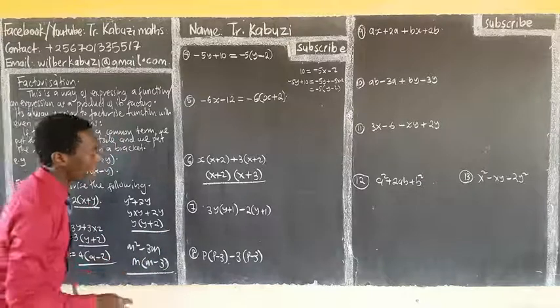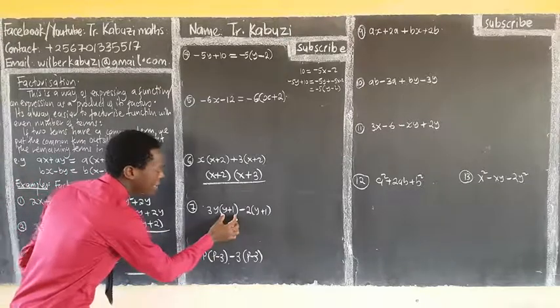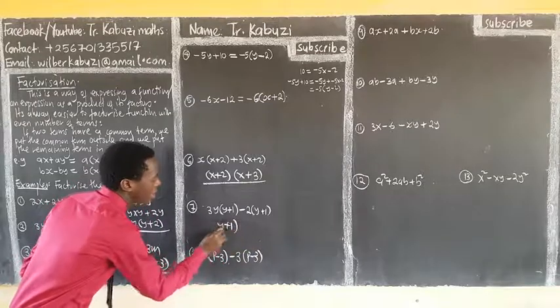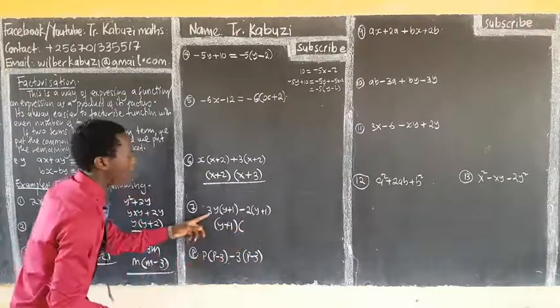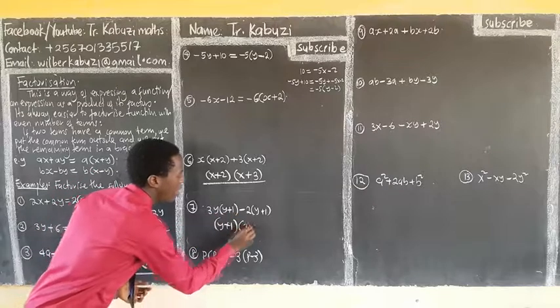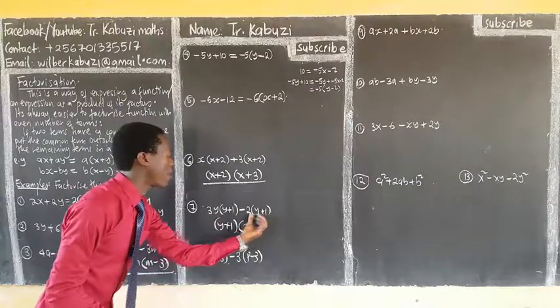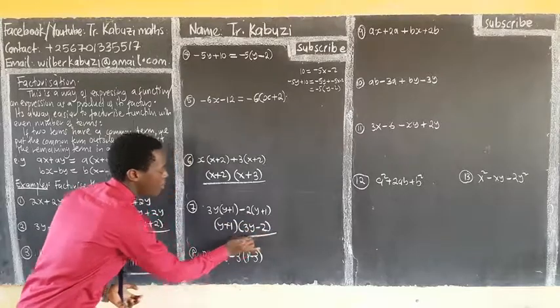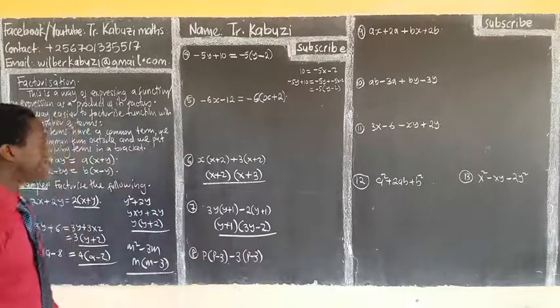Now this one, you see what is common is y plus 1, y plus 1. When I remove y plus 1 from here, I remain with 3y. When I remove it from here, what remains there is negative 2y. And you are through. As simple as that.